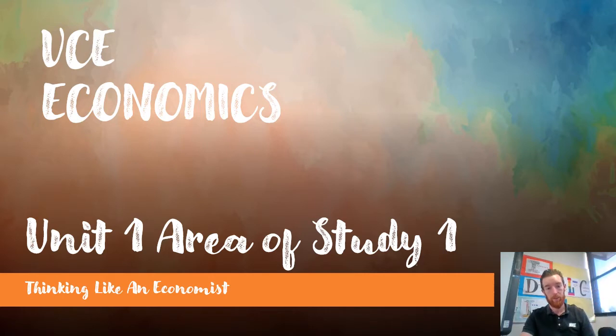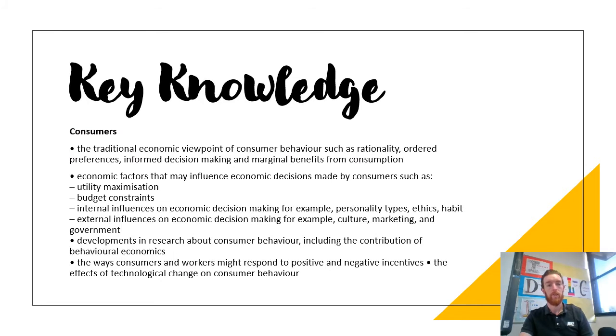So let's get right into it and look at what we are going to be looking at today. So consumers, we're going to be looking at the traditional economic viewpoint of consumers, such as rationality, ordered preferences, informed decision-making, and marginal benefits from consumption. We're going to look at economic factors that may influence economic decisions made by consumers, such as utility maximization, budget constraints, and internal influences on economic decision-making, such as personality types, ethics, and habit.